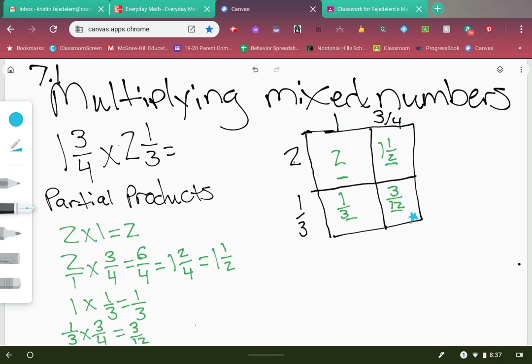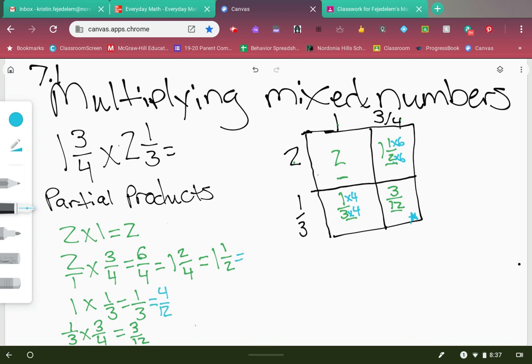So in this box, I know that my denominator is 12. I know I can multiply 3 by 4 to get to 12. And I know I can multiply 2 by 6 to get to 12. So 1/3 could really be called 4/12.